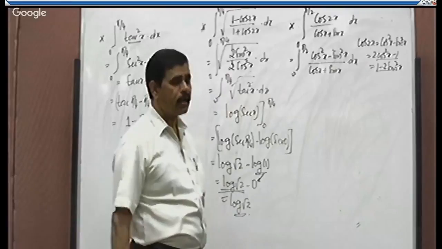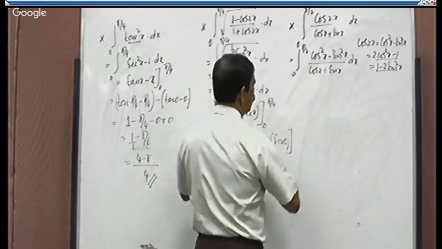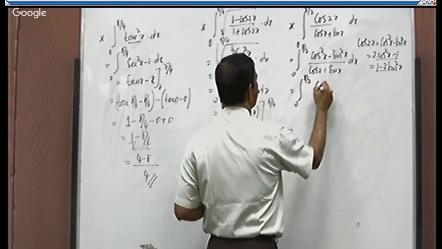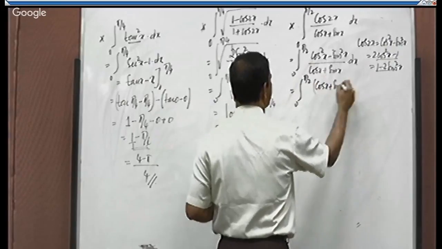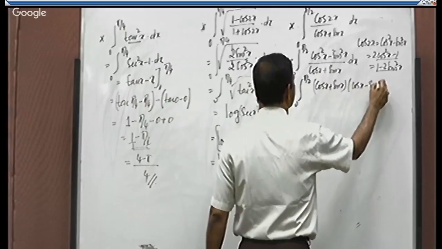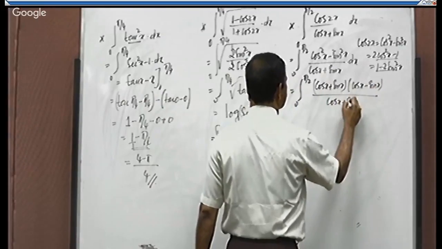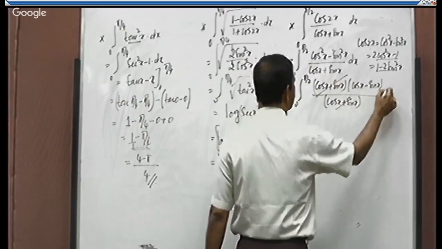I can take it as a square minus b square. A square minus b square will be split into a plus b into a minus b. Denominator is what? Cos x plus sin x. So cos x plus sin x get cancelled.